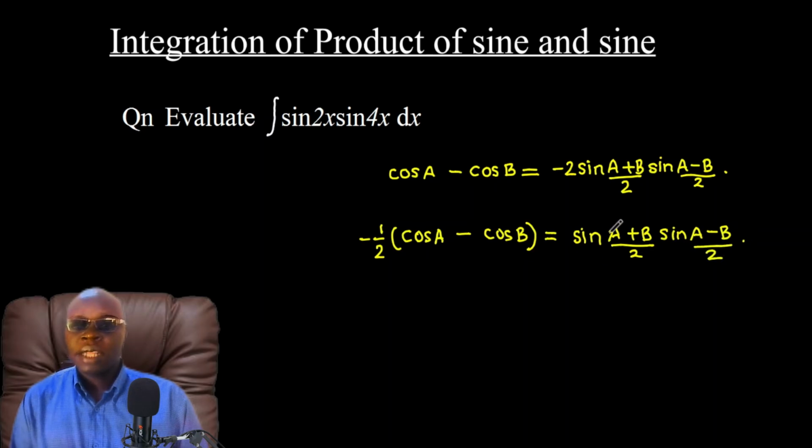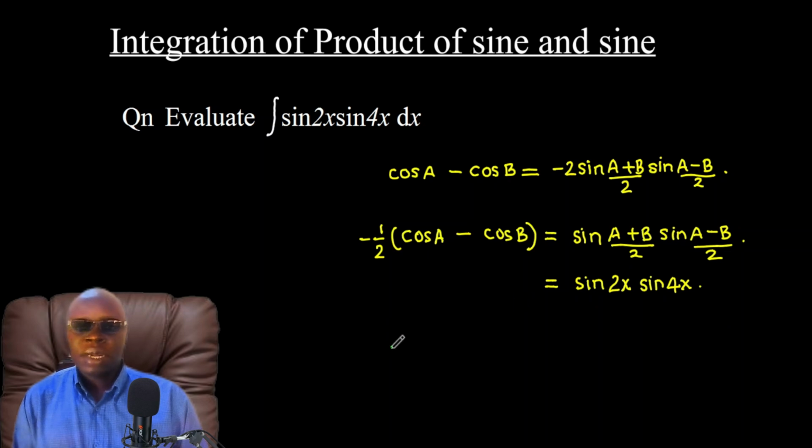Now you can see that this exactly corresponds to what we have in our question, where the first angle is 2x times sine of the next angle, 4x. Sine and sine correspond, meaning the angles also correspond, and we can compare them.